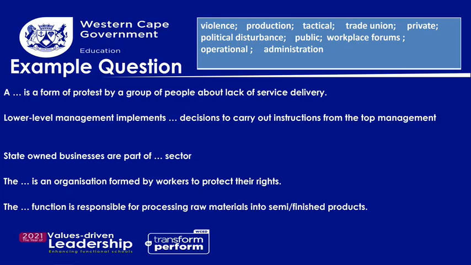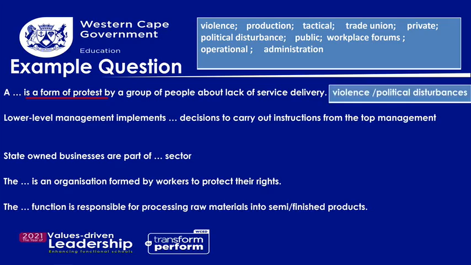So the first thing that I'm going to do is underline a part of that sentence. Now you can see that I've underlined a form of protest. So now I'm going to look for the 2 words in the top that speak about protests. So there it is. Violence and political disturbances, both of those refer to a form of protest.